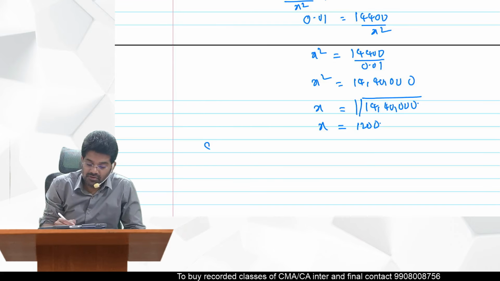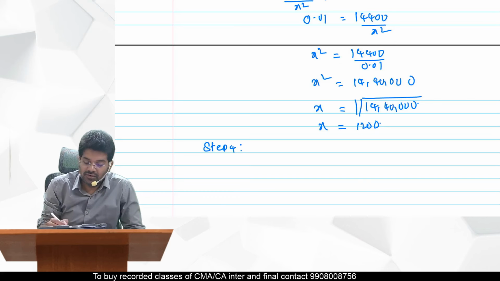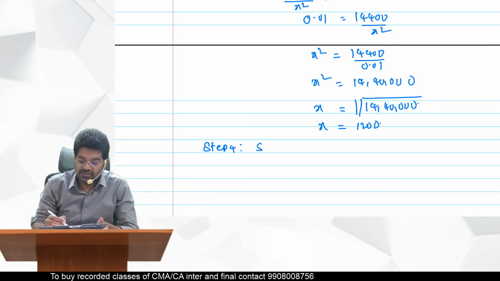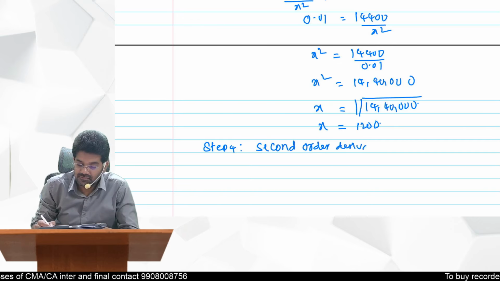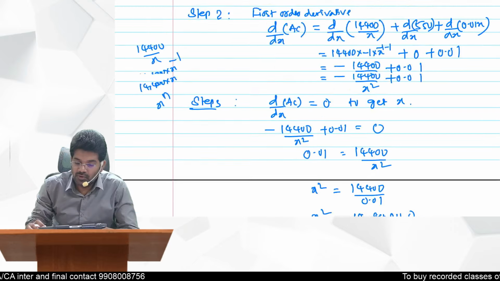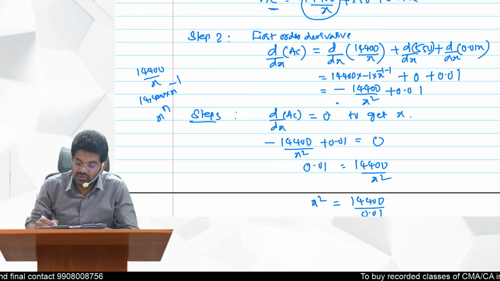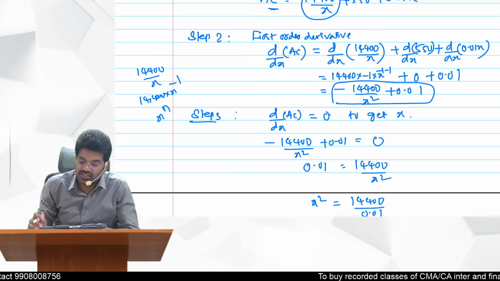Now step number 4, what we need to do? Second order derivative to check the condition. Whatever you got in step number 2, again we should apply differentiation on this.